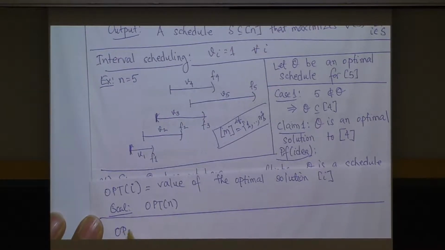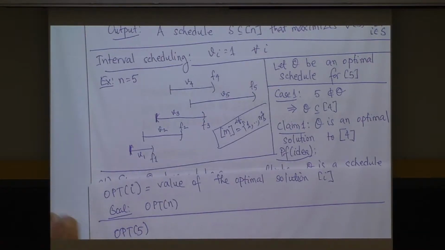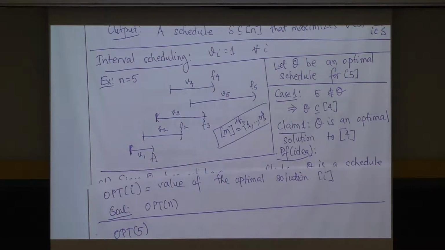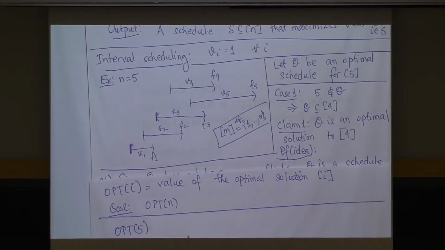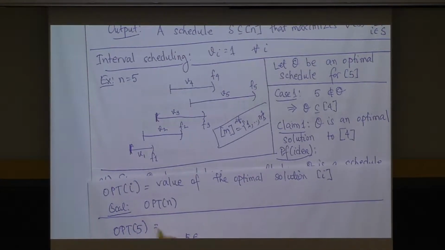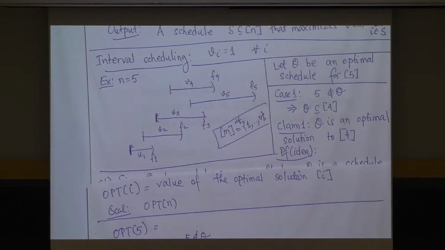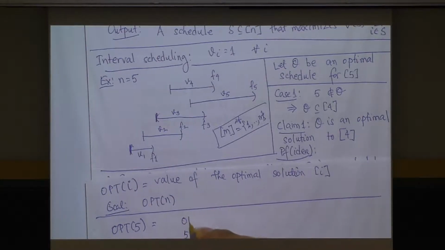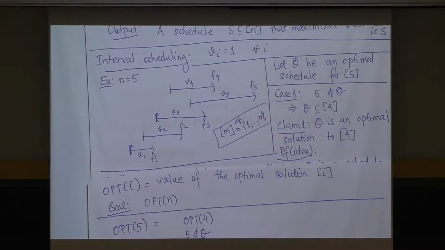So what we wanted to look at is opt of 5. That's what we're interested in. But we looked at two cases. The first case was that 5 is not in the optimal solution, in which case we figured out the optimal value for 5 is exactly equal to the optimal value of 4, because the optimal solution for 5 is actually an optimal solution for 1 to 4.